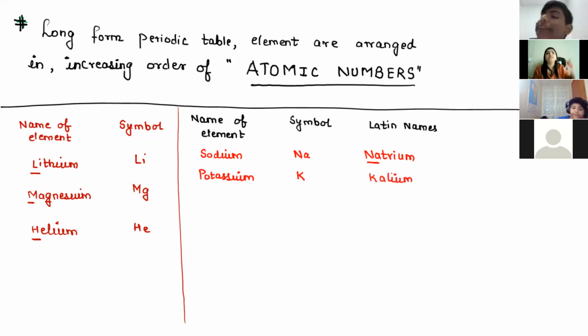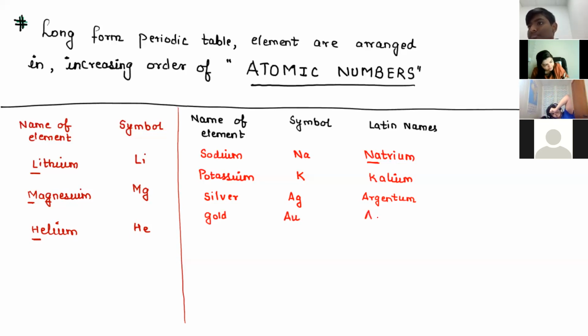All the Latin names will end with um. Then we have silver, which is Ag, argentum. Then we have gold, which is Au, aurum.